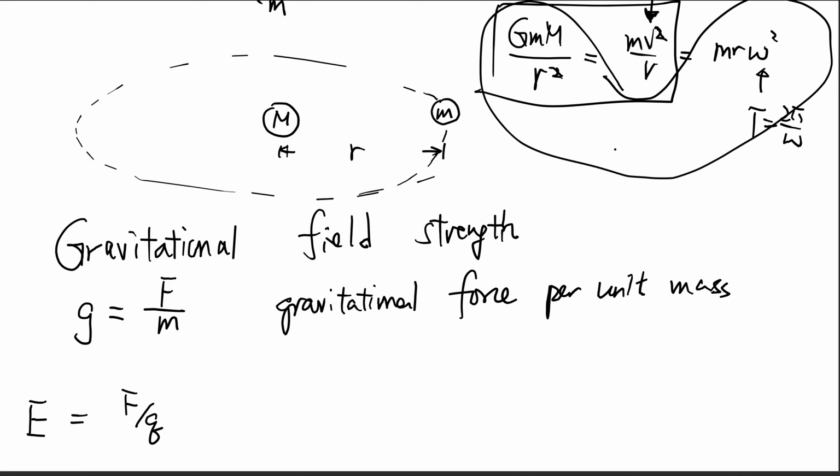So what does it actually mean? For example, there's a big M, let it be the Earth.